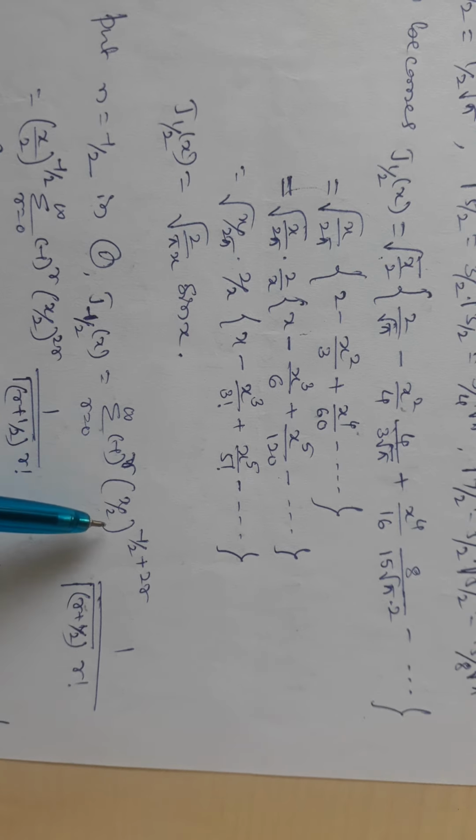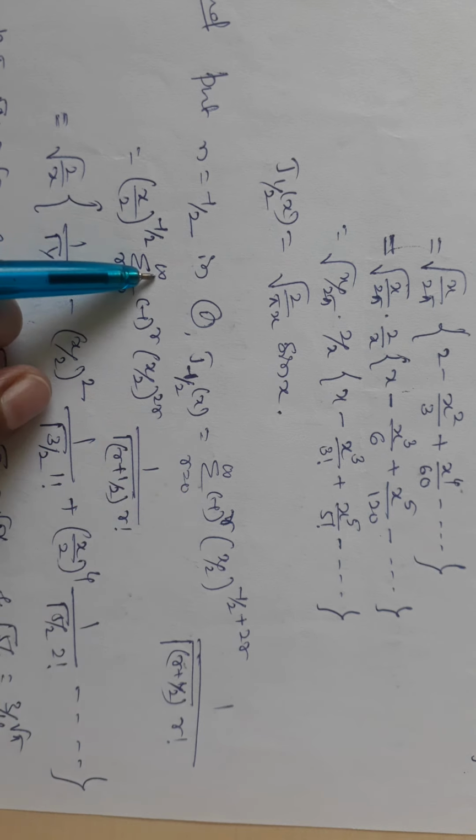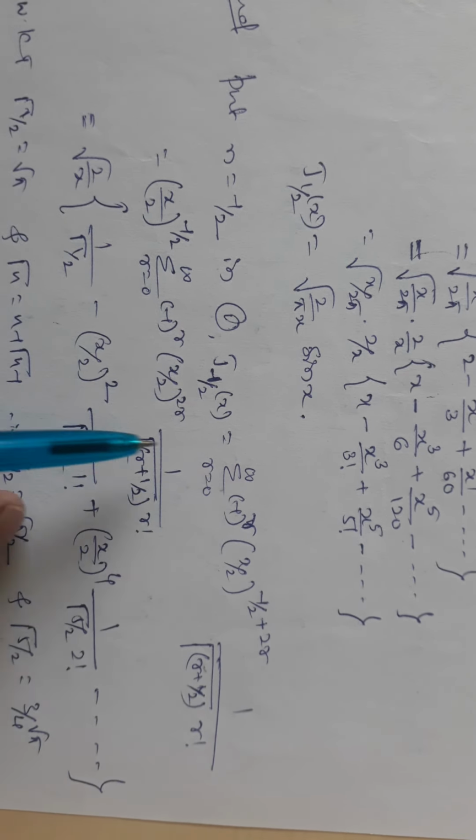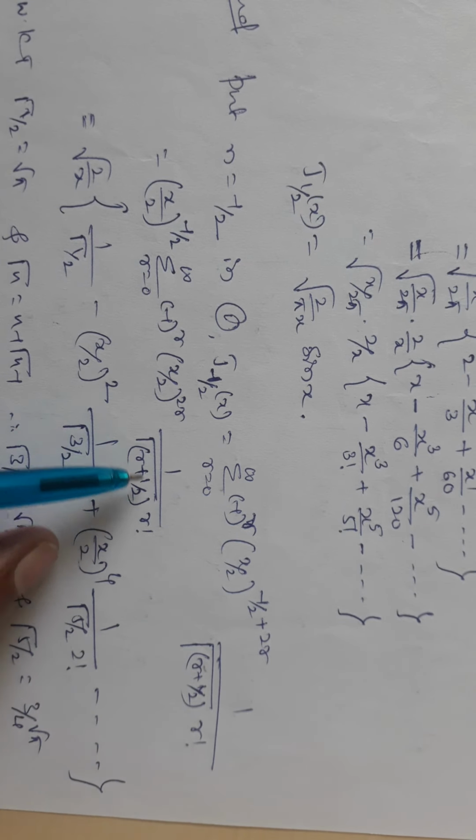Now here this x by 2 to the power minus 1 by 2 is free from r, therefore we will take it outside, remaining is summation r equal to 0 to infinity minus 1 to the power r, x by 2 to the power 2r, into 1 by gamma of r plus 1 by 2 into r factorial.